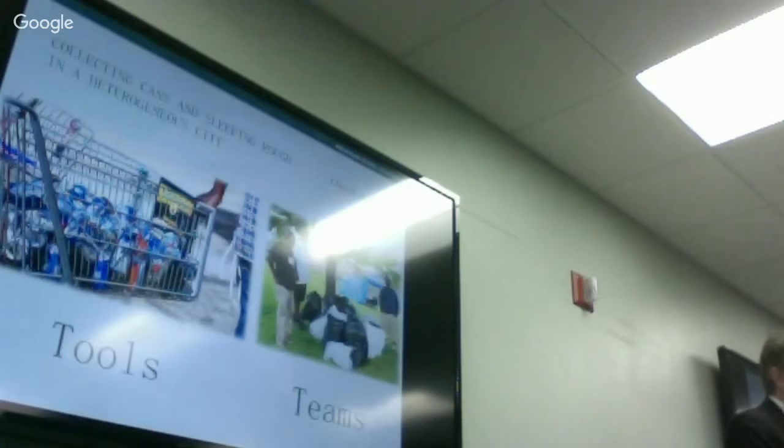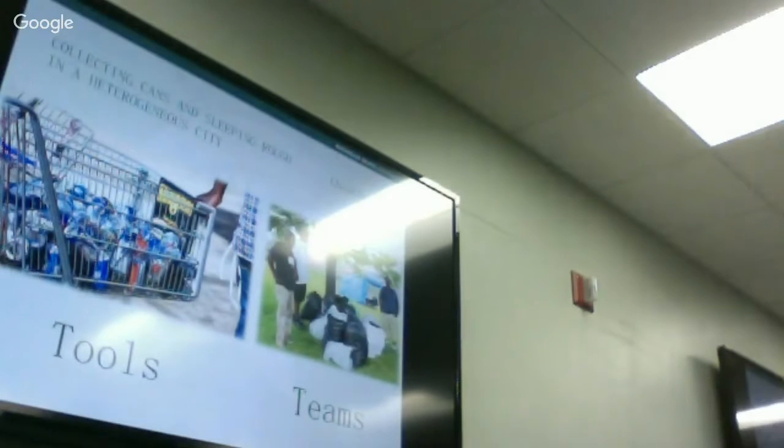Okay, so here's my data. Chapter 5. Start with the can collecting study. Some of the themes that came out of the can collection study were tools and teams. And this is not just exclusive to the can collectors, but I have several photos of tent cities and tools, crates with hammers and nails and stuff like that, and clocks and kitchen utensils and storage in the tent cities.